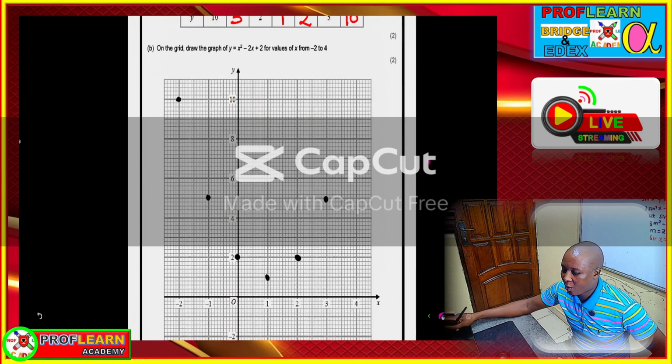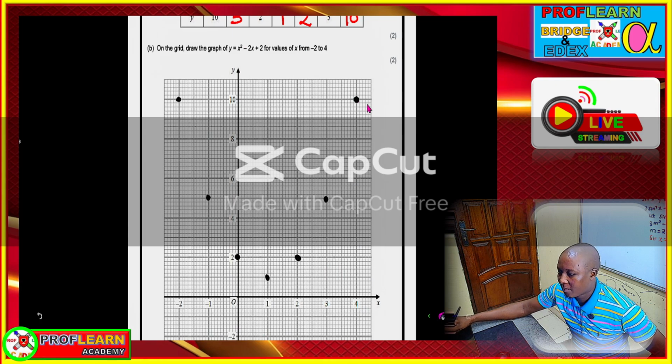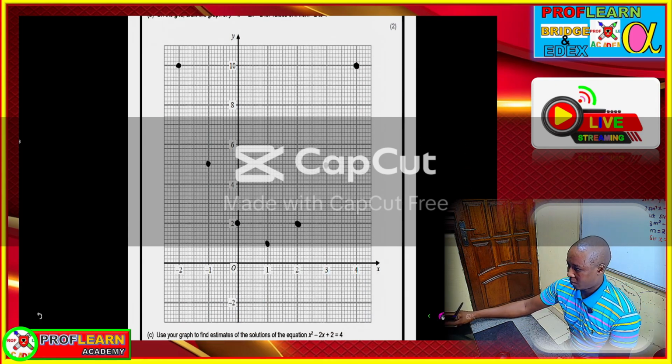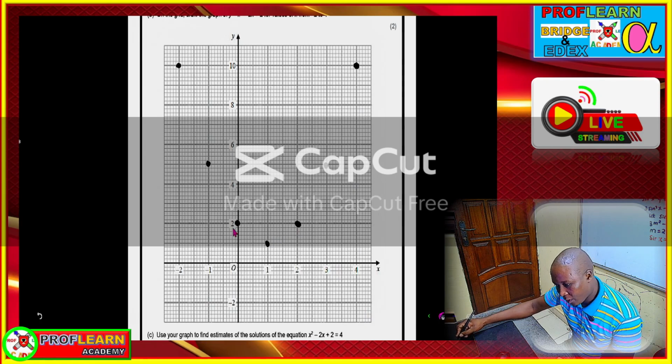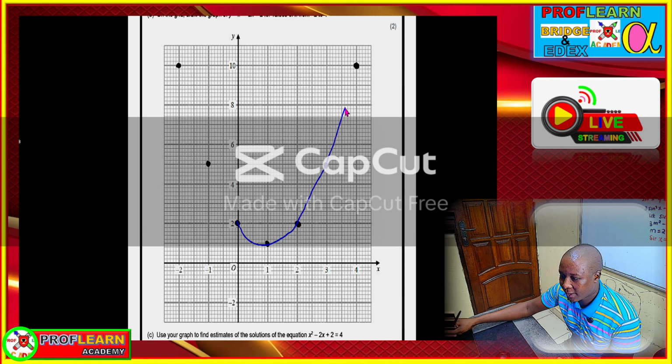And then we have 4, we shall move up all the way to 10. That's the point. So for us to get the curve, we are going to draw a nice curve, and this is going to be our turning point. Our graph will move like that, just nicely.